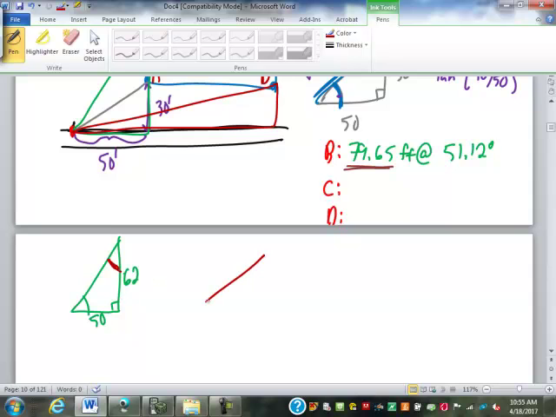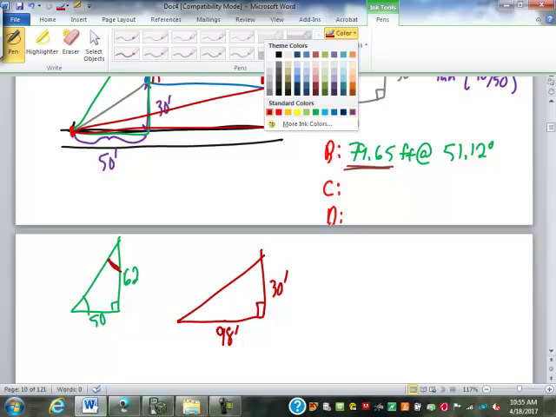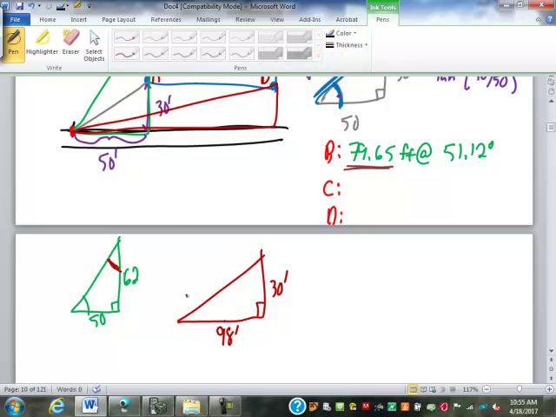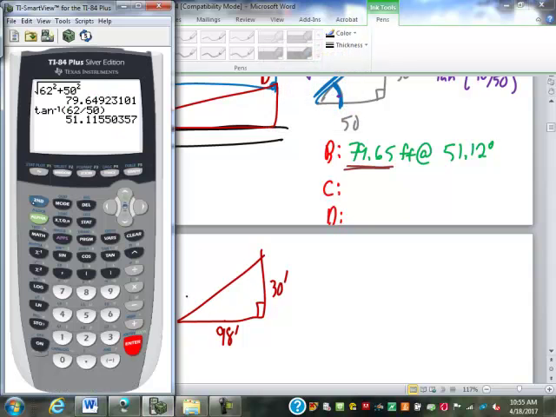So this is point D actually that I'm doing here. This is 30 feet. What's this down here? 98, because you have the 48 feet for the building. So this, of course, is the square root of 98 squared plus 30 squared.